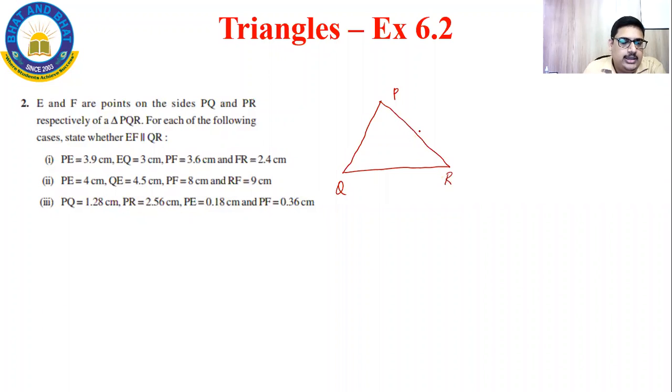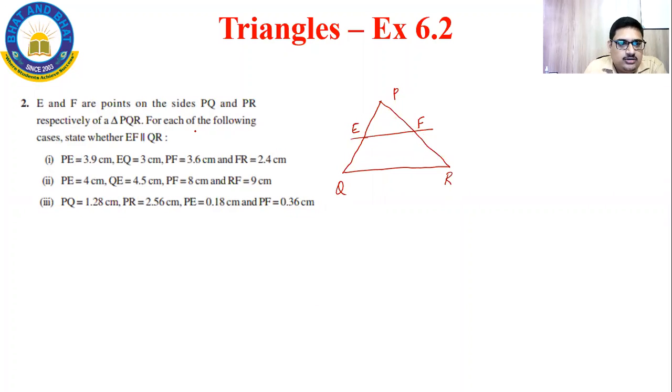For this triangle PQR, E and F are the points on the sides. So this is PQ, this is PR. I will draw a line like this. So this point is E, this point is F. Why did I take E here and not here? Because it says E and F are points on PQ and PR respectively. So on PQ I need E and on PR I require F.